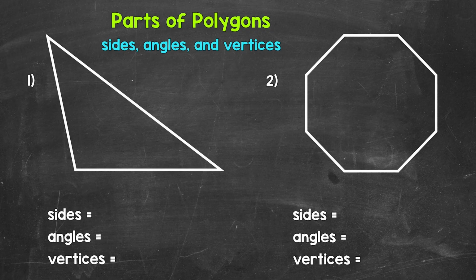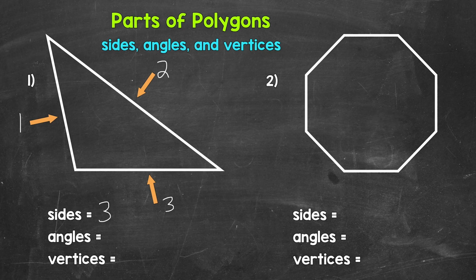Let's jump into a couple of examples here where we will talk about sides, angles, and vertices and count them for each polygon. Starting with number 1, where we have a triangle. Let's start with the sides, which are the straight line segments that make up a polygon. And let's point these sides out. We have 1, 2, 3 sides for this polygon, for this triangle.